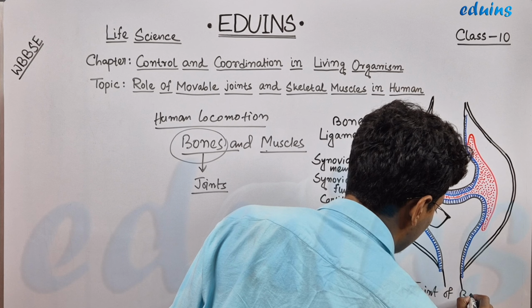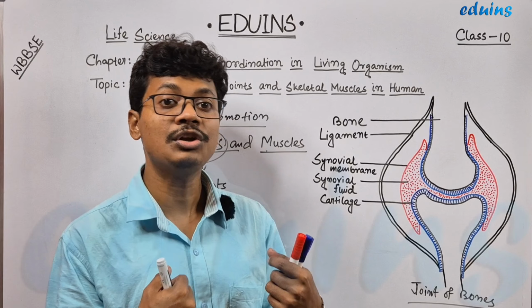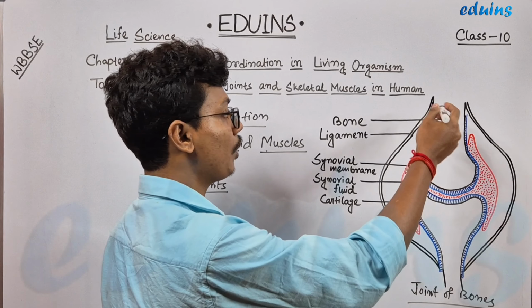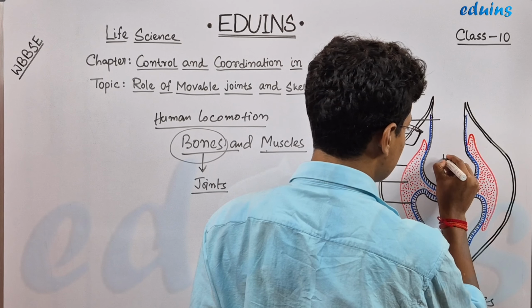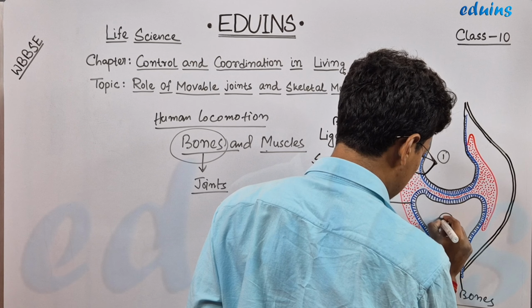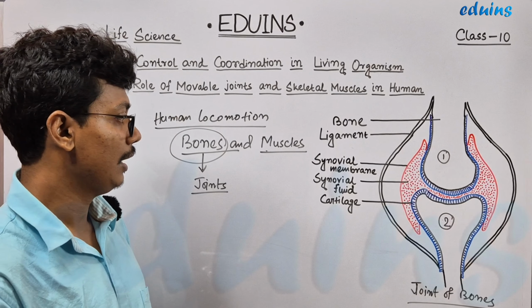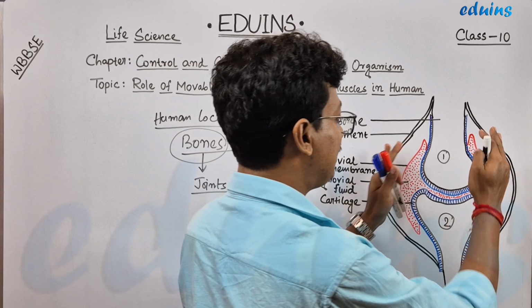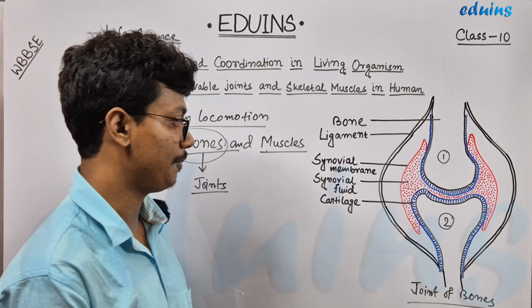It is the location where two bones are joined together. So here is one bone, this is the other one, bone 1 and bone 2. They are connected to each other but in a movable condition.